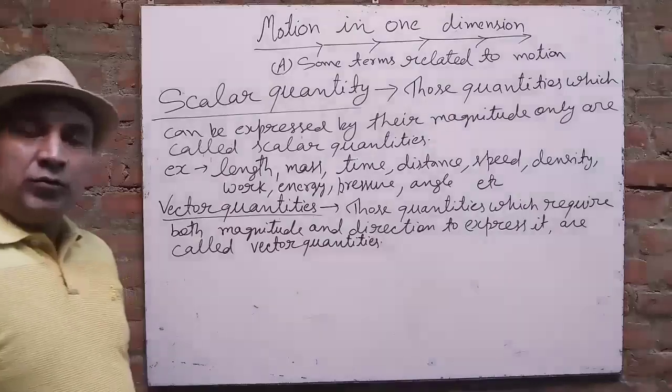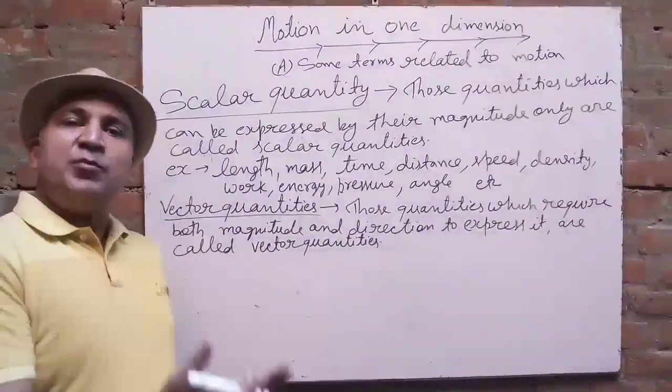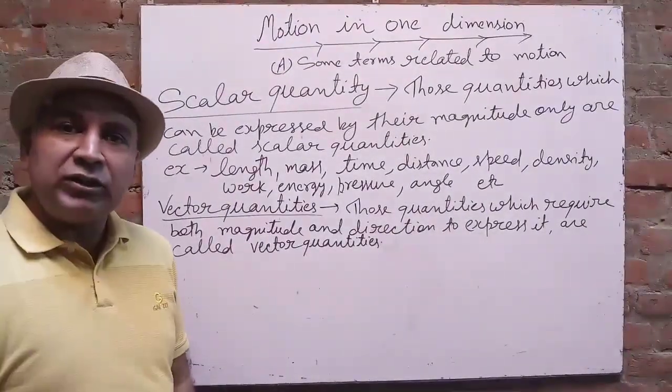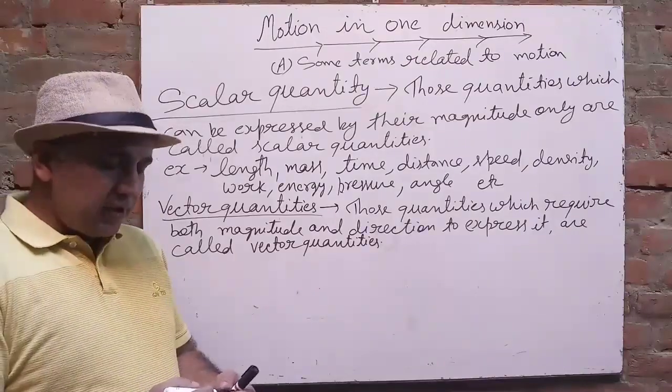Understood children? Those quantities which require both magnitude and direction also. See the example.